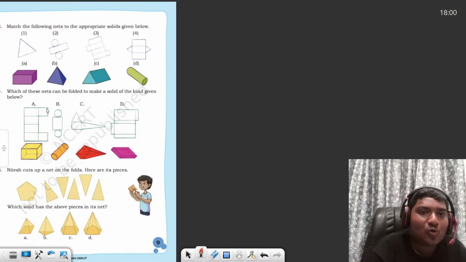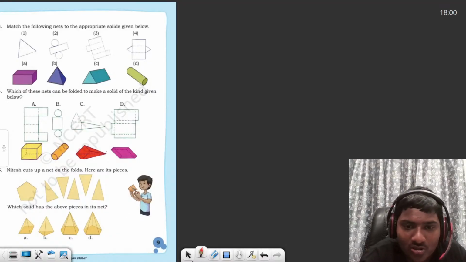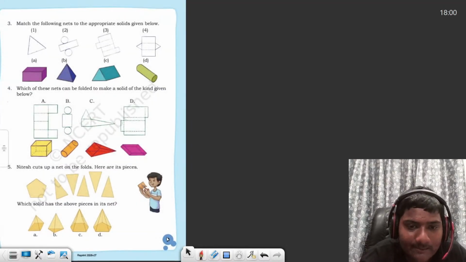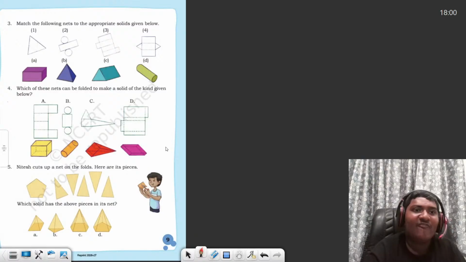Match the following next to the appropriate solids given below. Okay. Now the question number will be 3. See, children, we have done only 3 questions up to now.